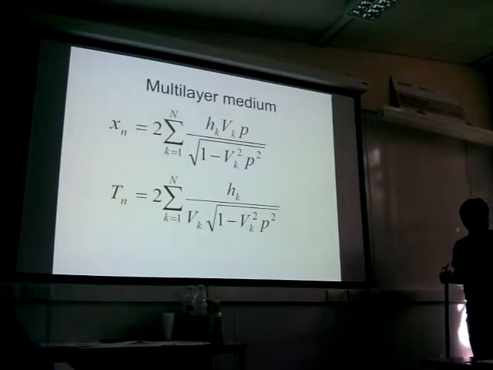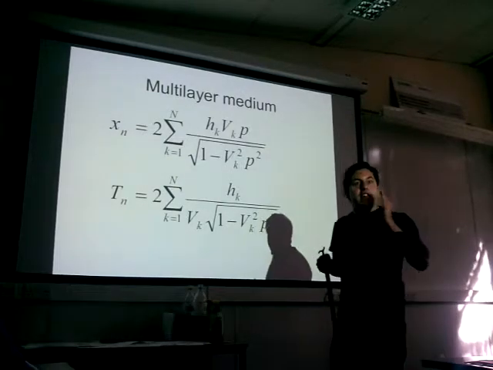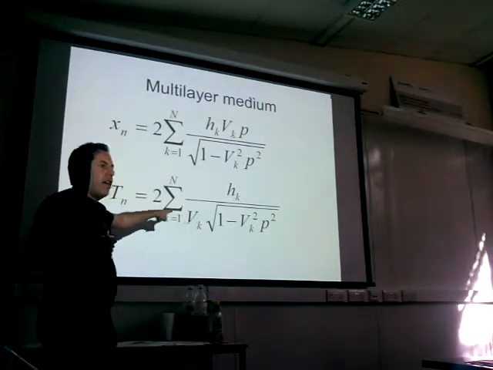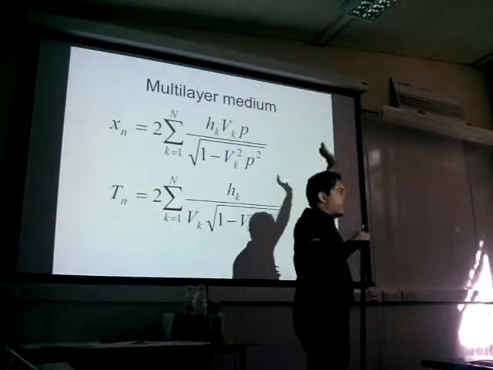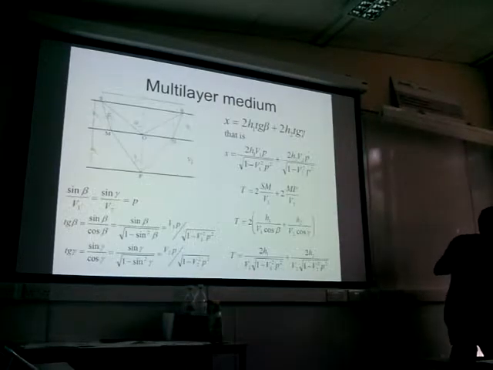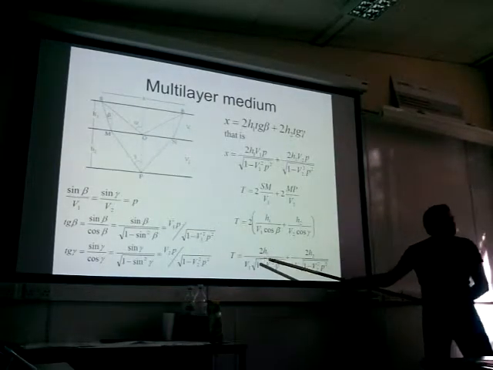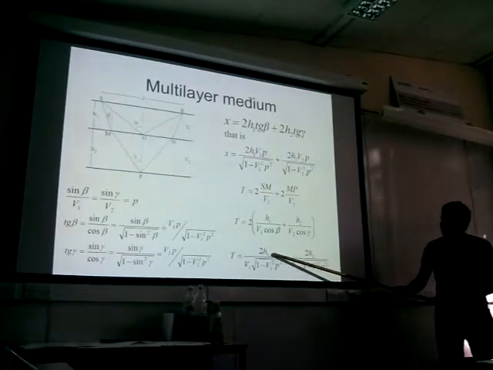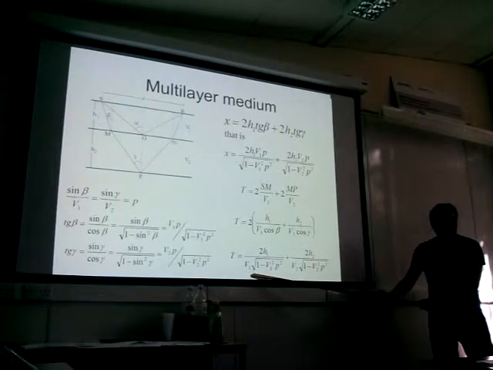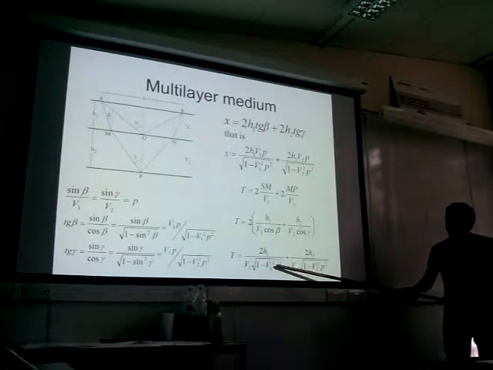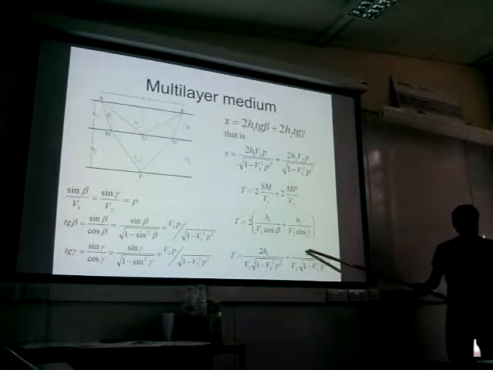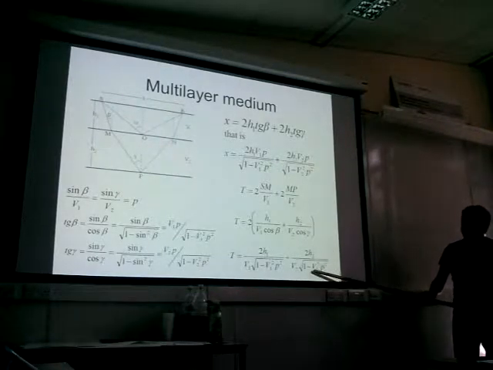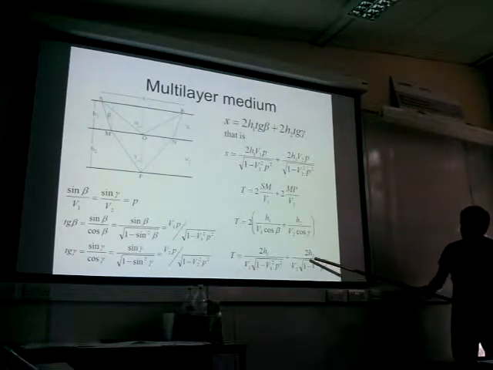That's a kind of concise way of writing it in terms of mathematics. I'm telling you, quickly and simply, that you can apply the time formula that you got for any type of reflection, an infinite number of reflections. So if you write that equation for 25 layers, you will have for the first layer 2 times the thickness of the first layer divided by the velocity of the first layer, multiplied by 1 over root of 1 minus v1 squared p squared, plus the second layer, twice the thickness of the second layer divided by the velocity of the second layer.